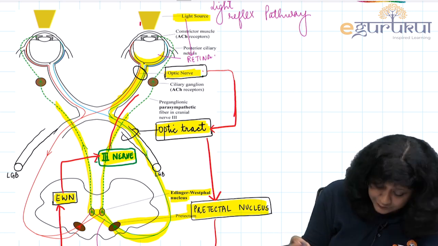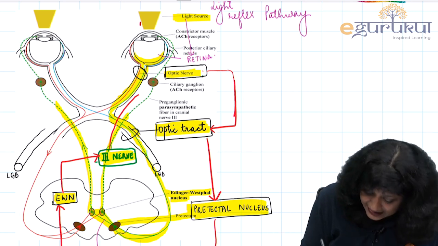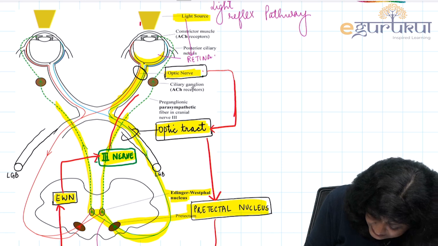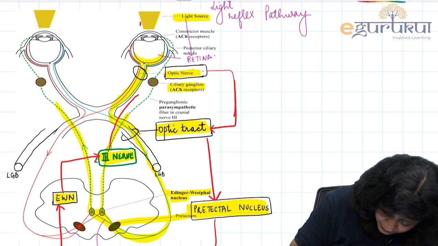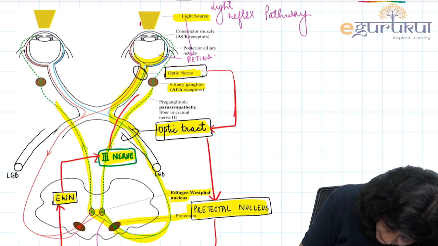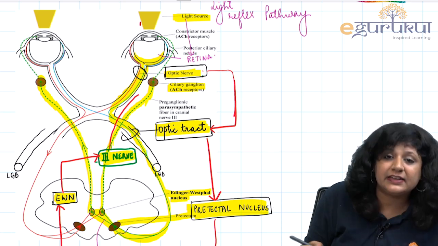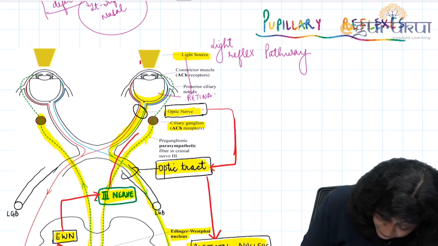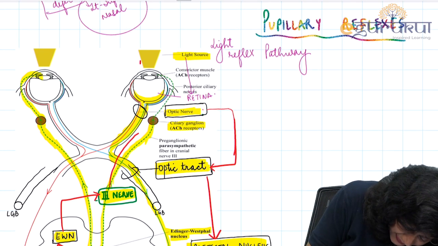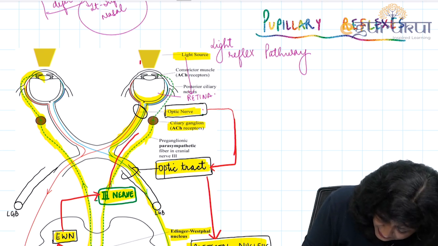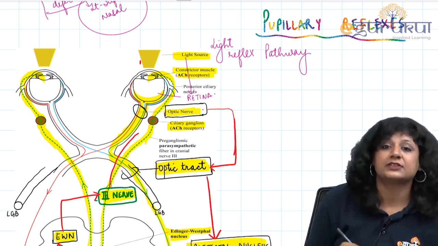And this third nerve will innervate the ciliary ganglion. So can you see, this is your ciliary ganglion. From this it is going to innervate this ciliary ganglion, and finally the ganglion will go and innervate the muscles.